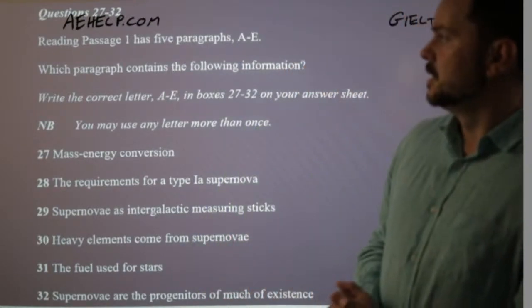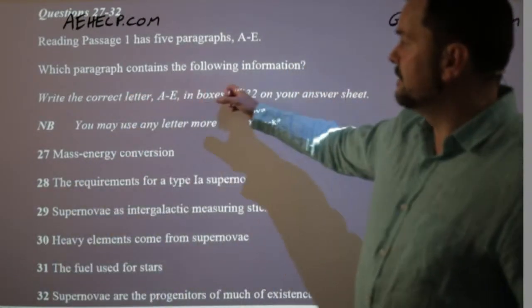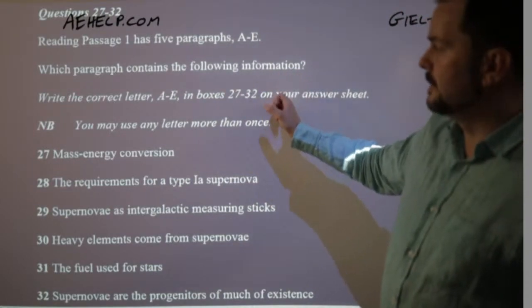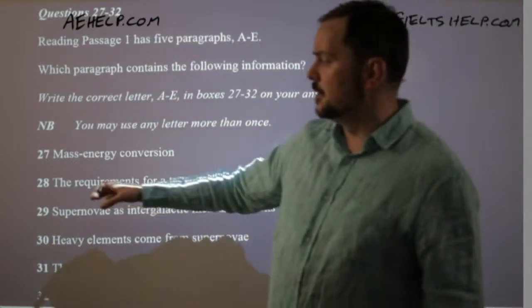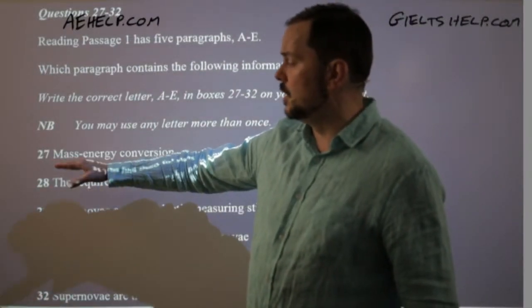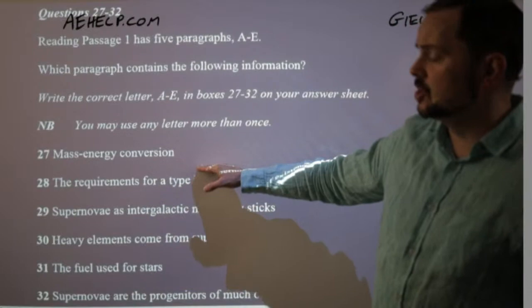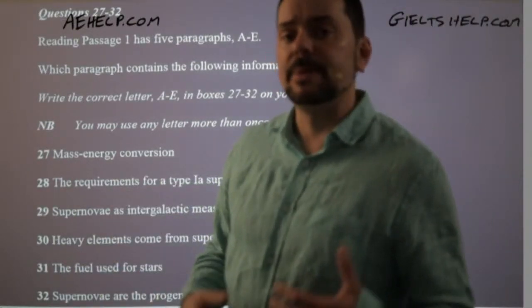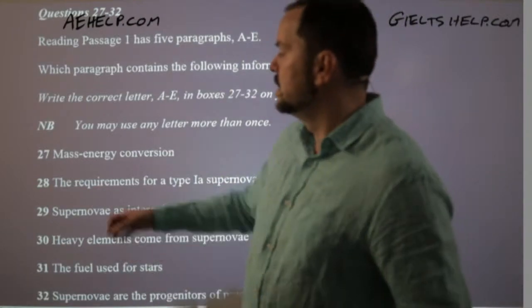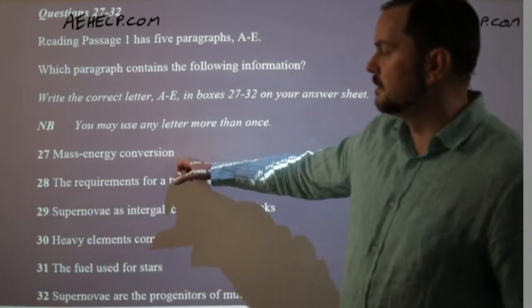Okay? So which paragraph contains the following information? You may use any letter more than once. Now, when you're practicing this at home, you want to paraphrase each of these on paper because that's what they're doing in the IELTS. They're paraphrasing this information. So, mass energy conversion.